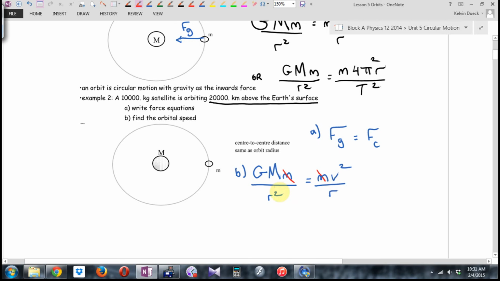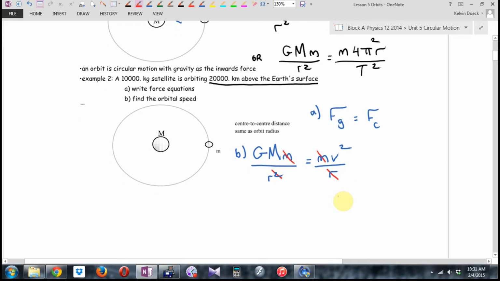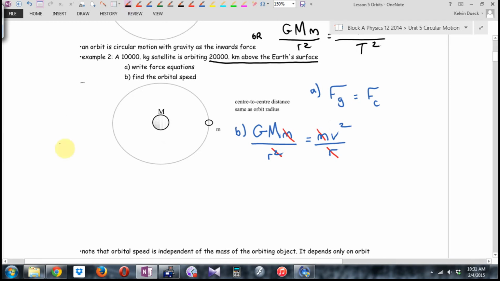One of the r's will cancel because this r could end up on the top, and you'd have one r on the top, one r on the bottom. One of the r's cancels, but not both of the r's. The squared on the left and the r on the right. And in fact, what did you say we're trying to find? Oh, you know what? We end up with this. V orbital speed, is equal to big G, big M over R. Actually, Jake, that's V squared that we got. Oh, how do I get rid of a squared?